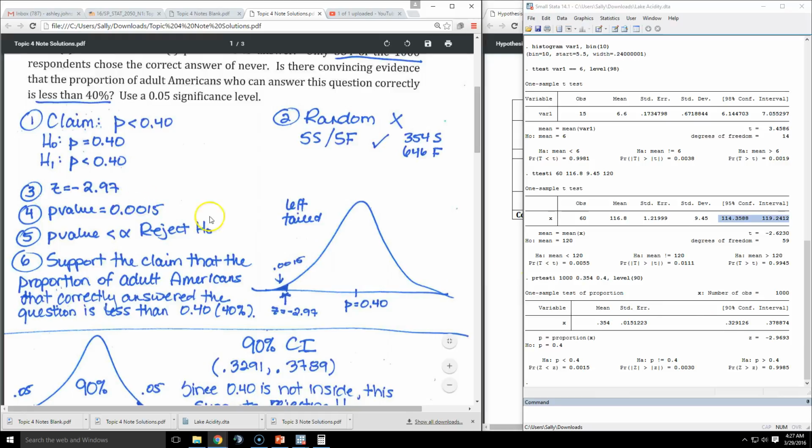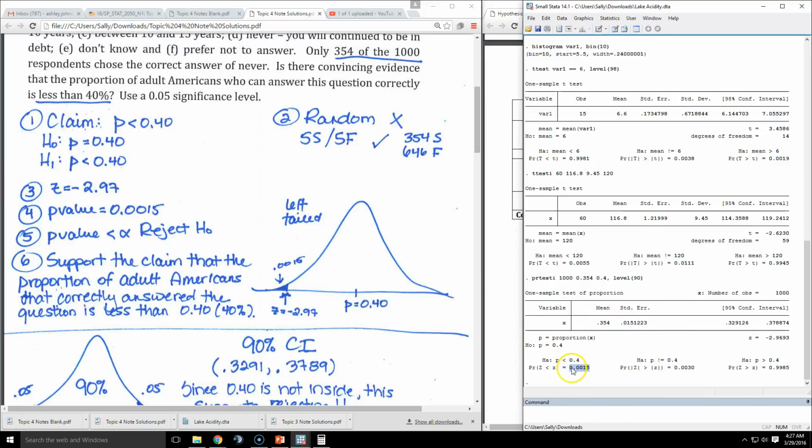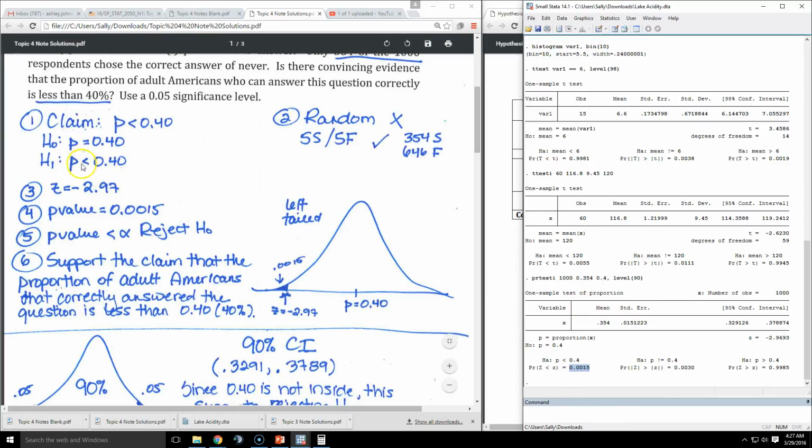And so the z-score that you would get, negative 2.97, so that's way down here. Shade the left tail. And the size of that is from the p-value over here, because we have a less than in our H1. So 0.0015 isn't very big, so this should be pretty small in the scheme of your whole picture.